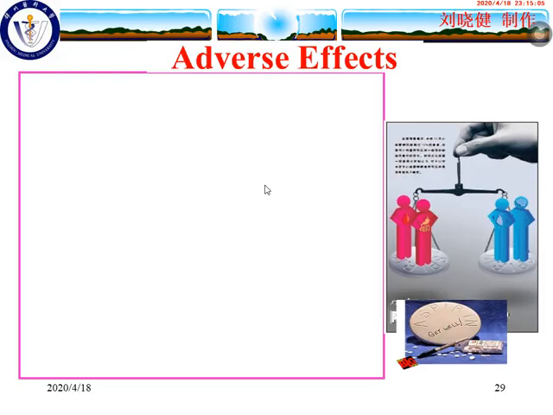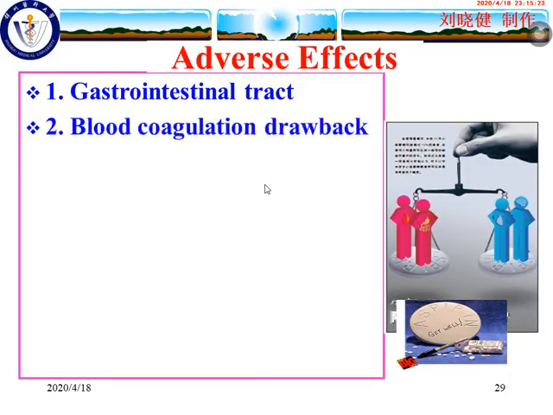Actually, aspirin has been used for more than 100 years. Its pharmacological effects and adverse effects are much clearer. Because it is so commonly used, you should master these adverse effects very well.